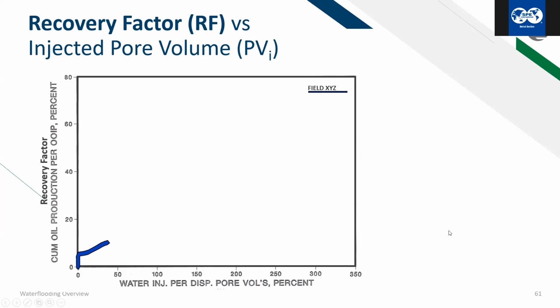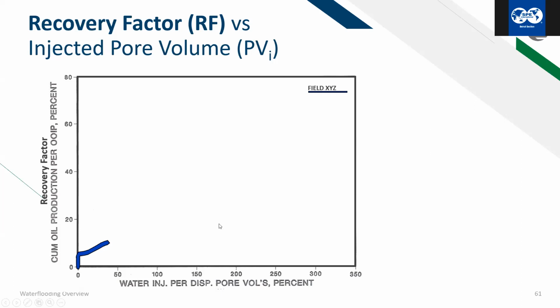So this tells you a couple of things, right? If you took it that this curve trend will maintain, then you could say if my target recovery factor is 25%, then I'm going to need to inject another 3 times.